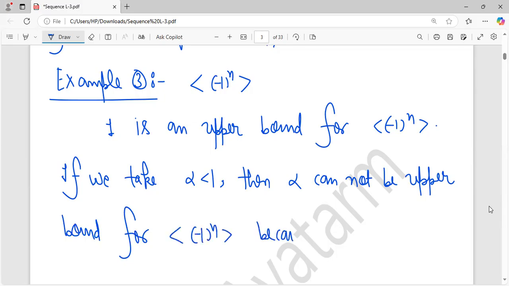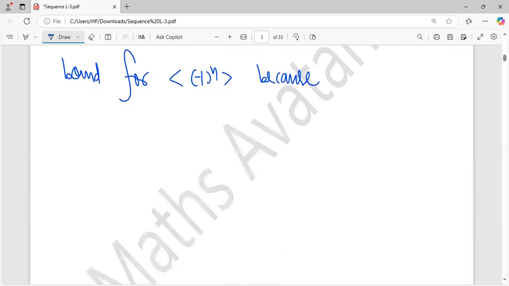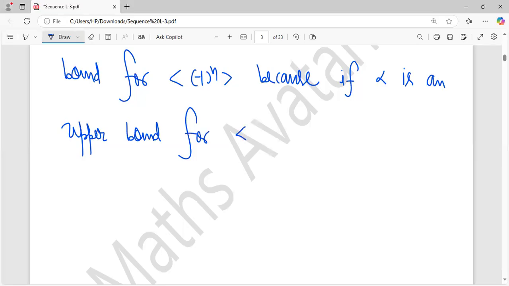Because if alpha is an upper bound for the (-1) to the power n sequence, then what will that mean? It will mean (-1)^n is at most alpha for all n belonging to the natural numbers.